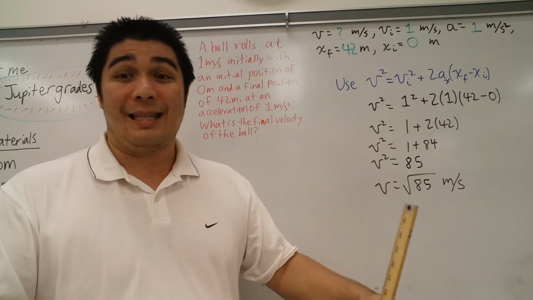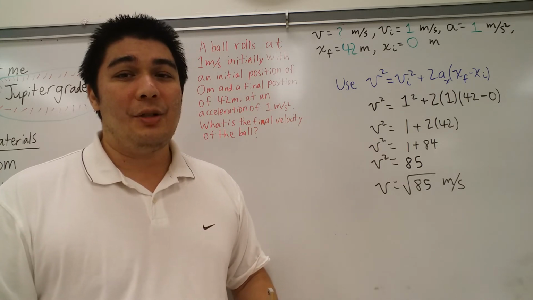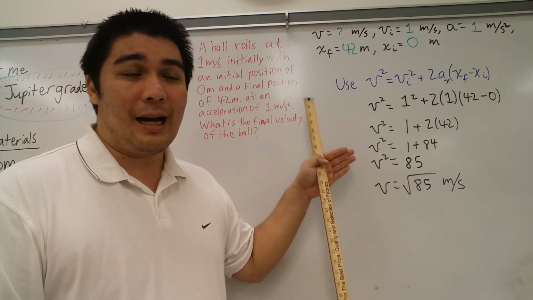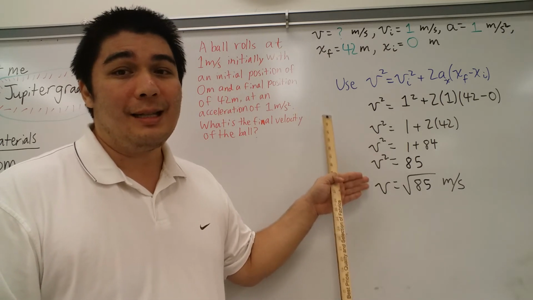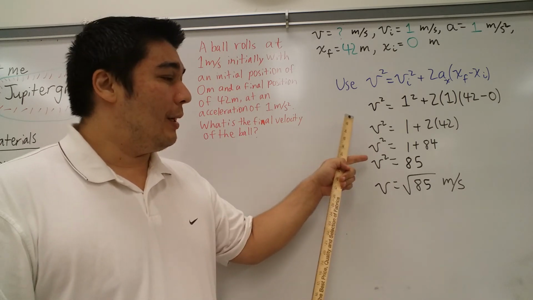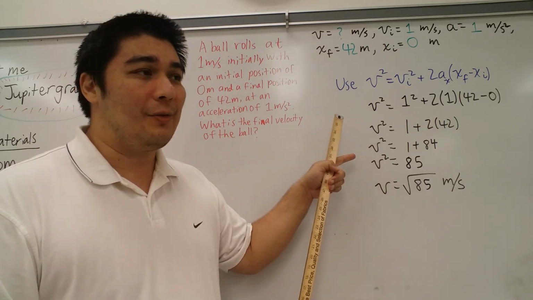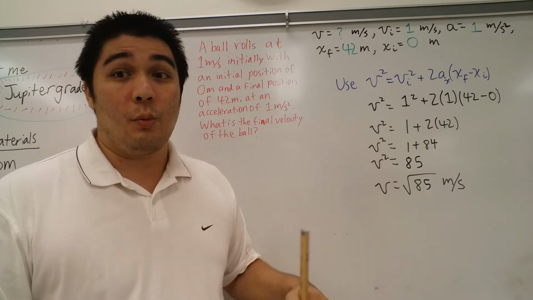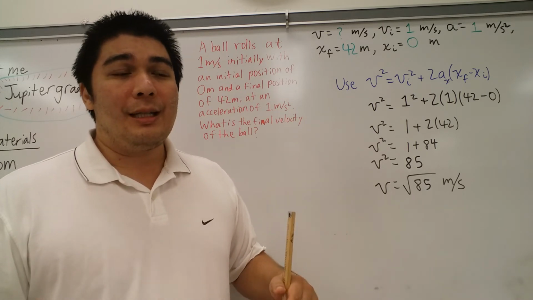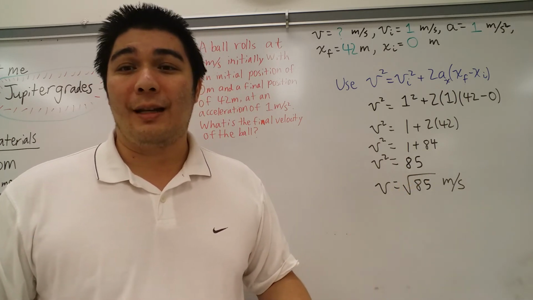I want velocity, final velocity, not the square of final velocity. So what I have to do now is take the square root of v squared, because the opposite operation of squaring something is to take the square root. More generally, the opposite operation of raising something to the nth power is to take the nth root of whatever variable that is.